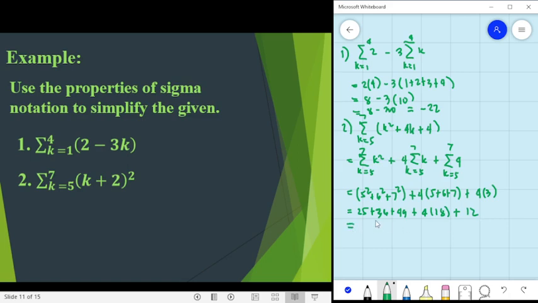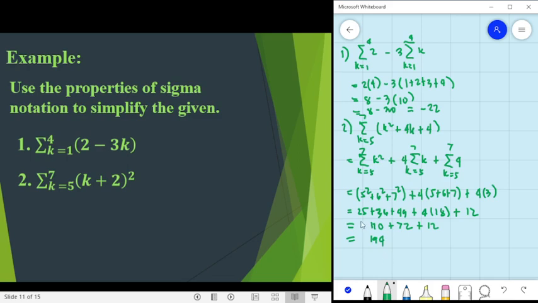So we have 25 plus 36 plus 49 is 110, plus 4 times 18 is 72, plus 12. So the sum of this is equal to 110, 182, equals 194.